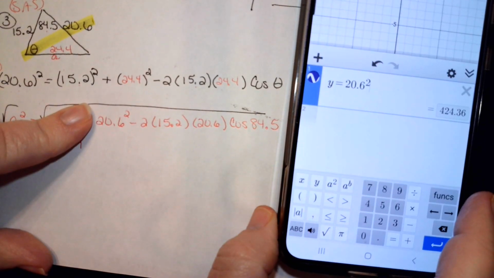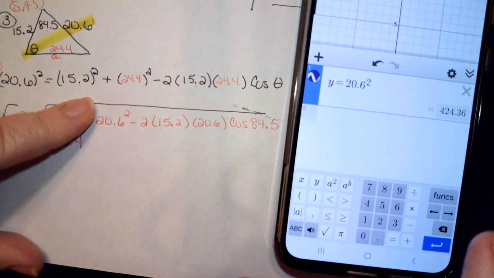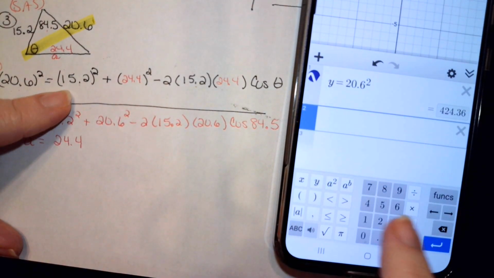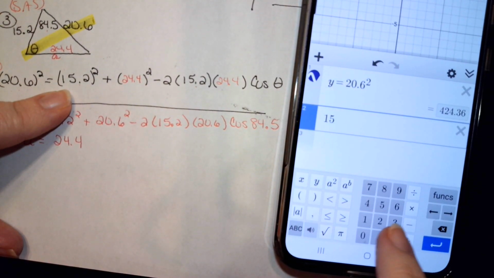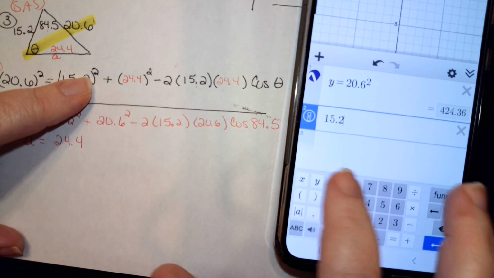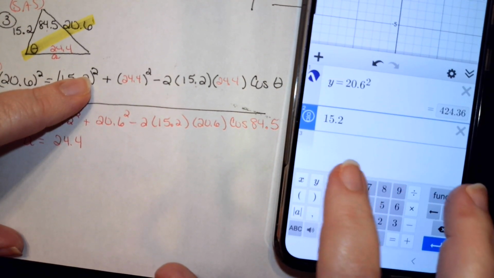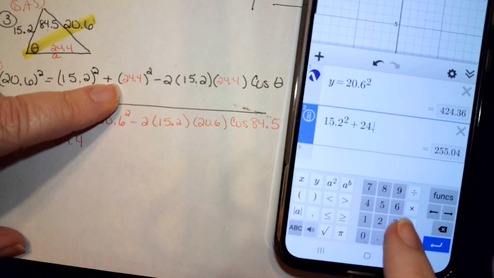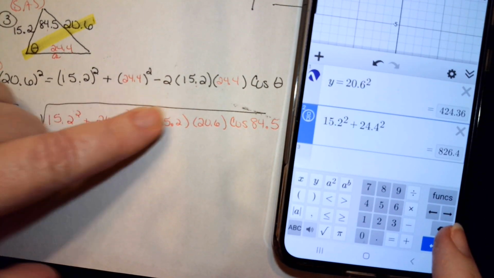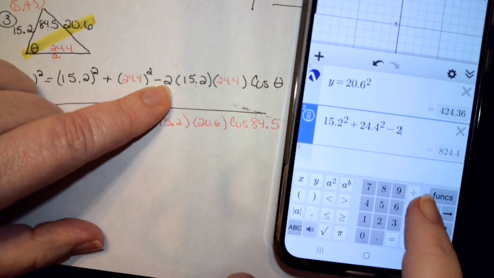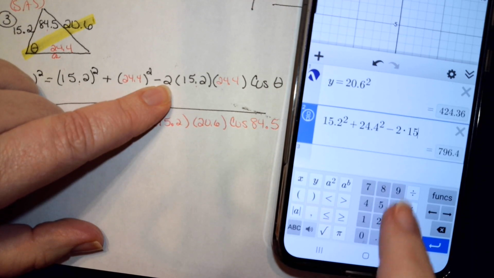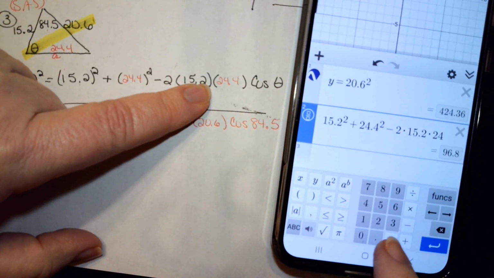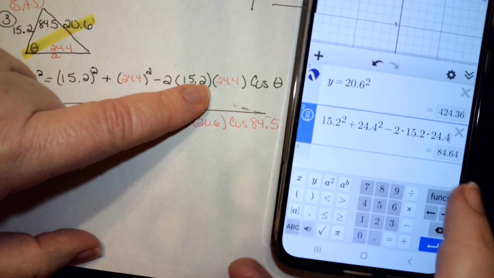Oops, might be helpful. Y'all can see it, right? Alright, so let's go to line 2. 15.2 squared plus 24.4 squared minus 2 times 15.2 times 24.4 times the cosine.